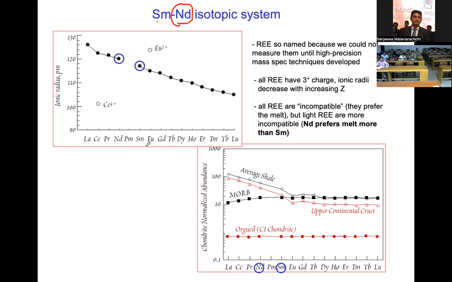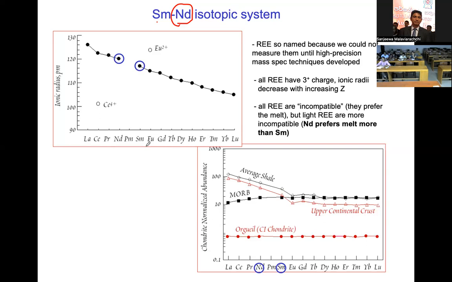So for melt products, you don't see high neodymium isotopic composition, unlike in the rubidium strontium isotopic system, right? Therefore, just remember these two isotopic systems behave differently, in opposite ways, in terms of the incompatibility of the parent and daughter elements.